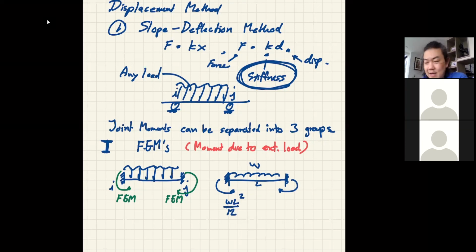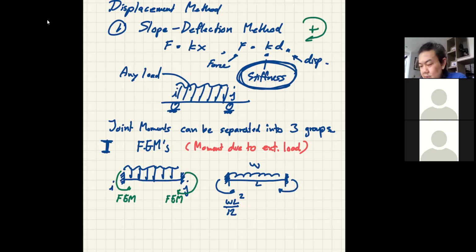And in this slope deflection method, we will use the universal sign convention, that the clockwise rotation is positive. That is the typical sign convention that people use. So when you look at this moment, this is counterclockwise, right?